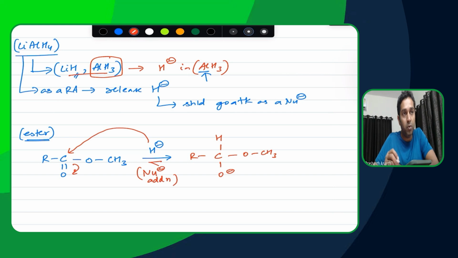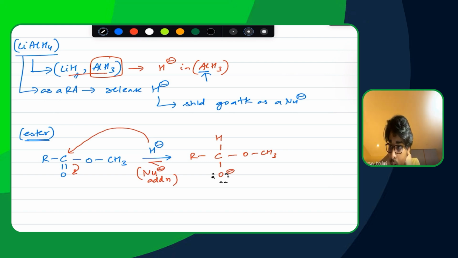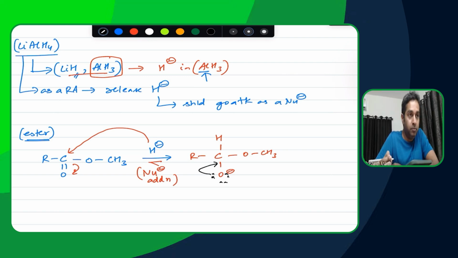In the next step, this O minus has 3 lone pairs. One of them will shift inward, and these 2 electrons will be taken over by the oxygen, which already has 2, and we end up having this oxygen leaving. So in this next step, what is obtained as a product?